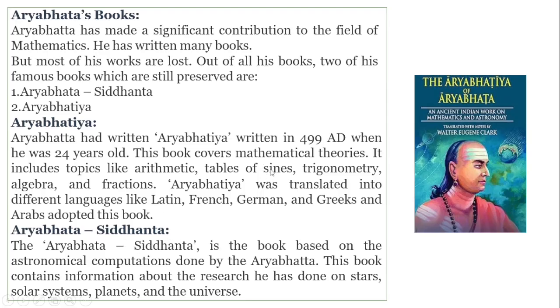Sine is a trigonometric ratio that is used in geometry and also in astronomy, and it's a very important ratio. The more accurate the sine values, the better calculations you can do, and the better results we can obtain.